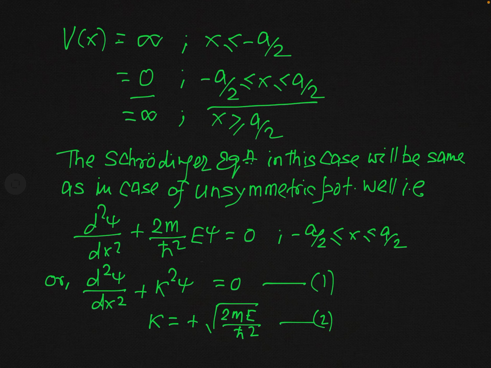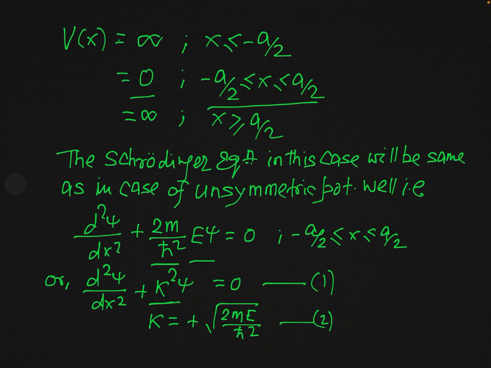So for this region the Schrödinger equation is d2 psi dx square plus 2mE over h bar square psi equal to 0, because V is 0. Now you can put k square instead of 2mE over h bar square. So the Schrödinger equation reduces to d2 psi by dx square plus k square psi equal to 0, where we have taken k square equal to 2mE over h bar square.